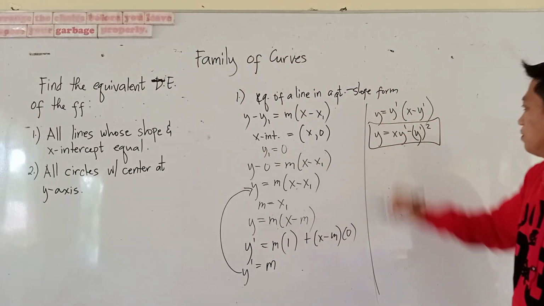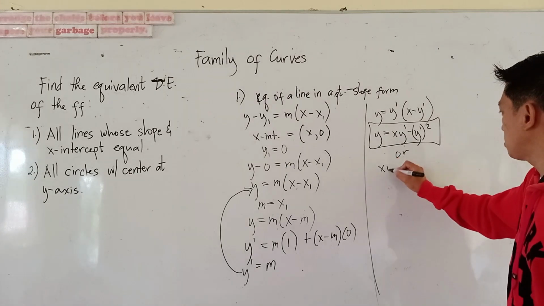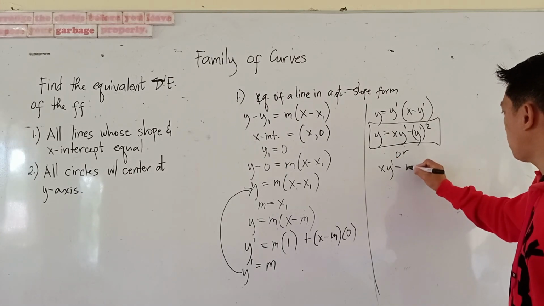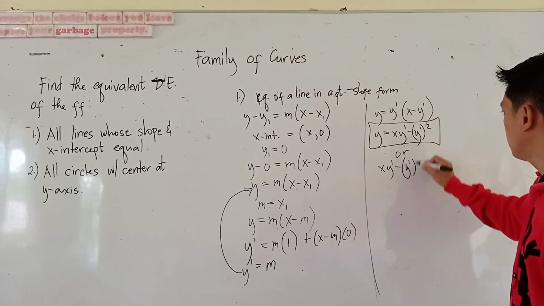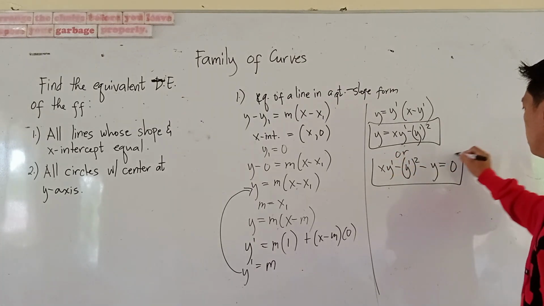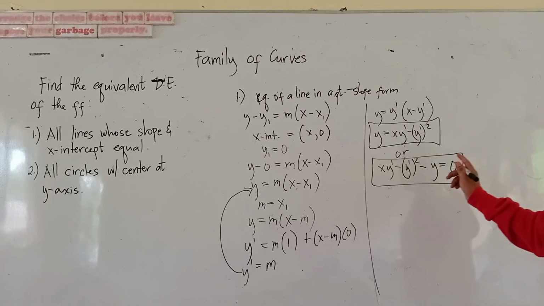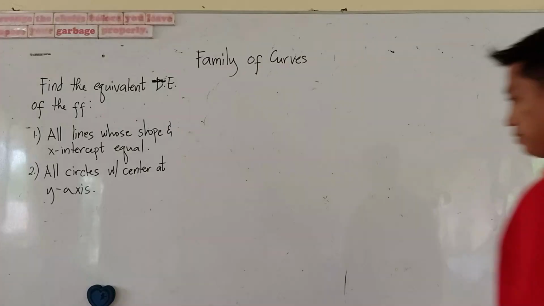So ito na po yung equation natin mga boss. Or pwede din po ninyo itong gawin sa standard form, pwede din x y prime minus y prime squared minus y is equal to 0. So ito na po yung equation of all lines is slope and x-intercept equal. So ito yung equivalent niya sa differential equation.